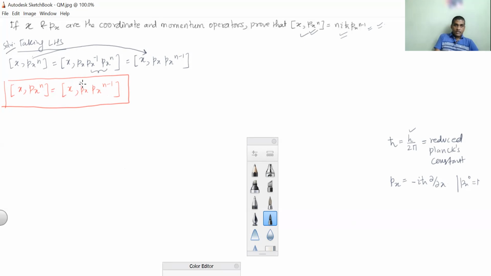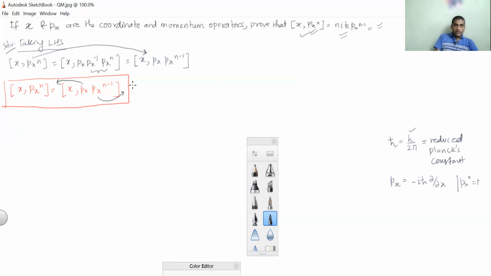Now this px can be taken outside the commutation relation towards the left hand side, and this px power n minus 1 can be taken outside the commutation bracket towards the right.